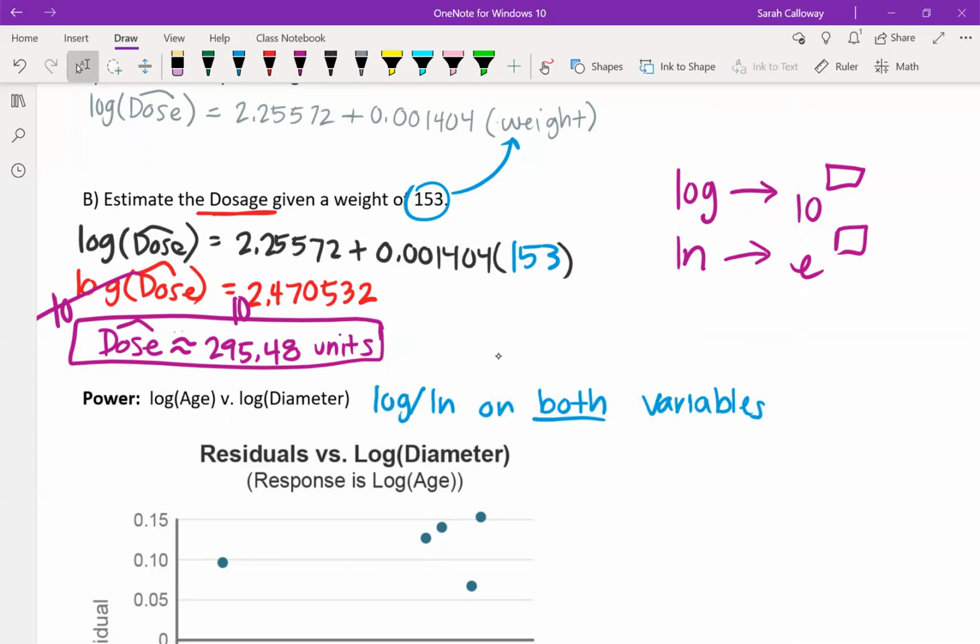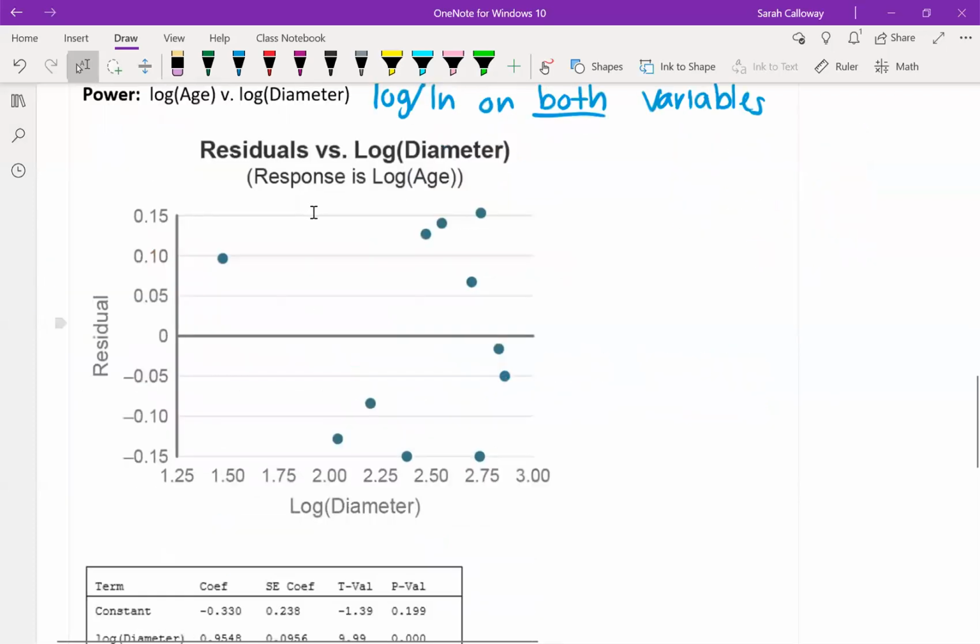So I know this is a power function, or I'm checking this on a power model, because I have log of age versus log of the diameter. Both my response variable age and my explanatory variable diameter have a log in order to try to linearize the data. So looking at the pattern, I have an appropriate model.